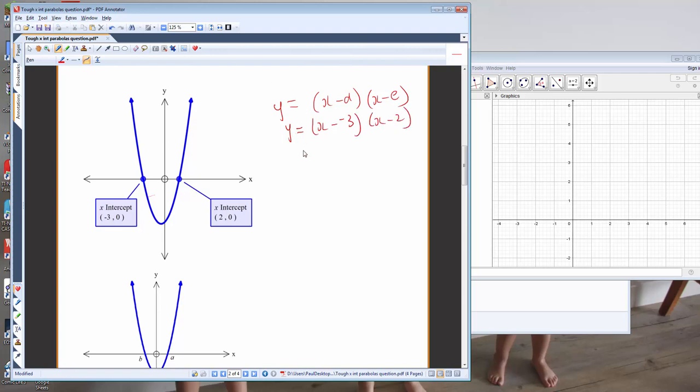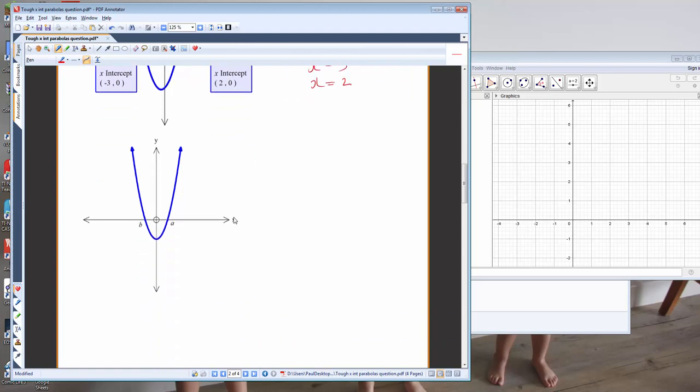That is y = (x + 3)(x - 2). And again, let's just check this out. X-intercepts occur when y is 0. Null factor law. That checks out perfectly.